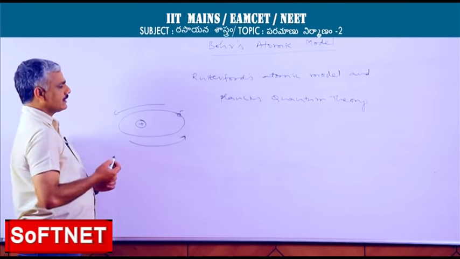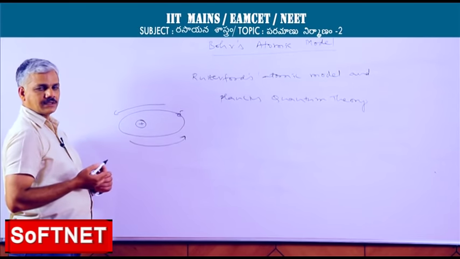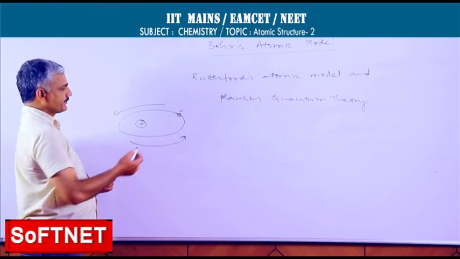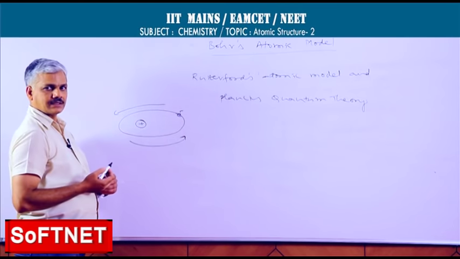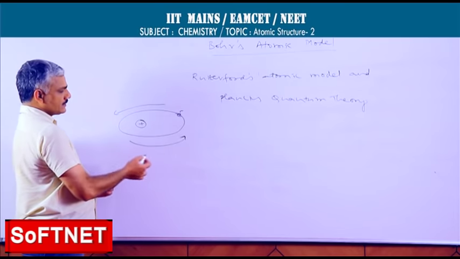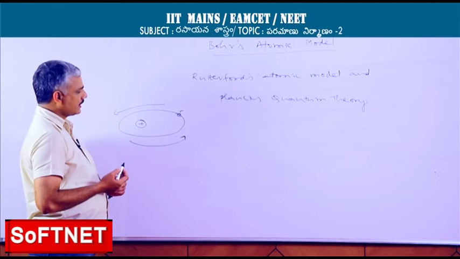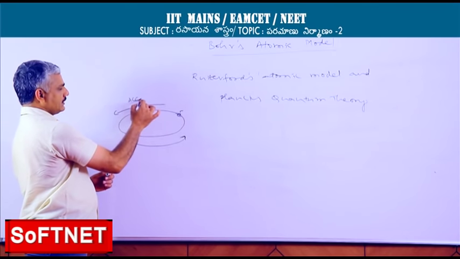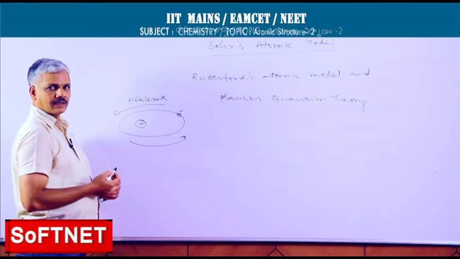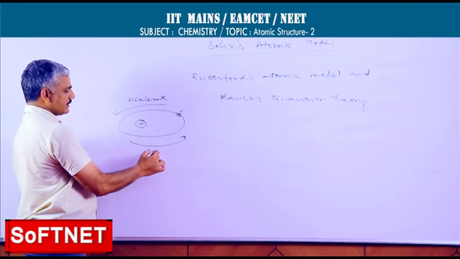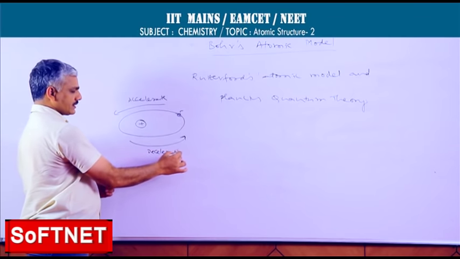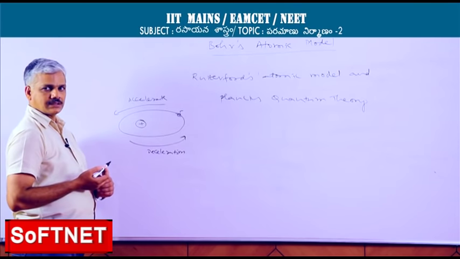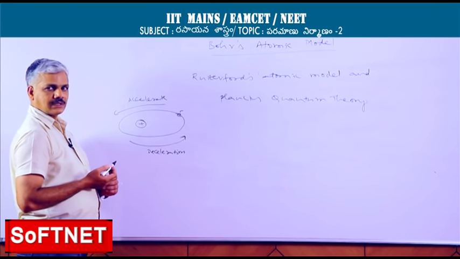As the distance between electron and nucleus decreases, to overcome the nuclear force of attraction, the electron has to increase its speed, and when it is moving away from the nucleus, it has to decrease its speed. So during its journey, sometimes it has to undergo acceleration and sometimes deceleration. But whenever any particle undergoes acceleration or deceleration, it will lose energy.